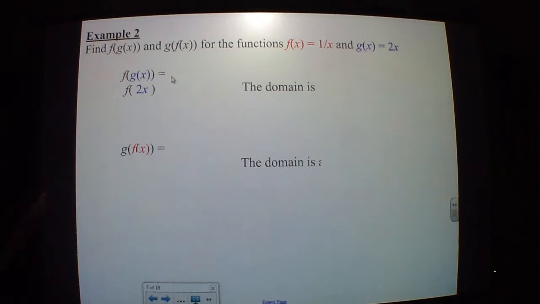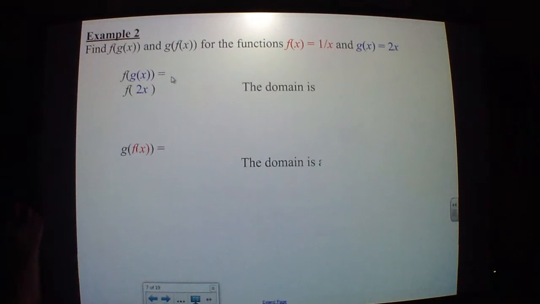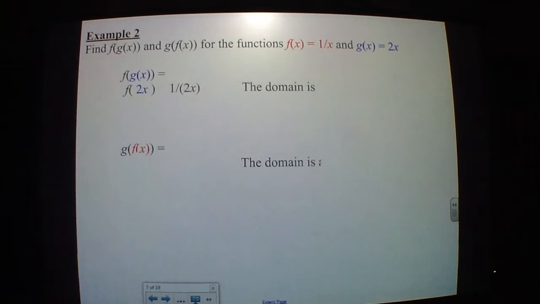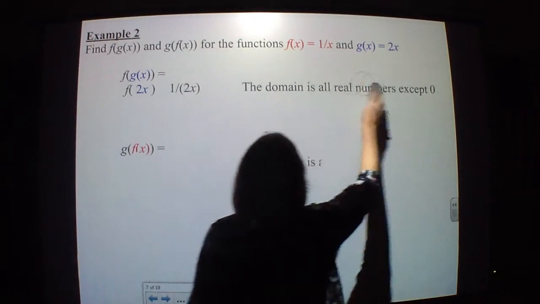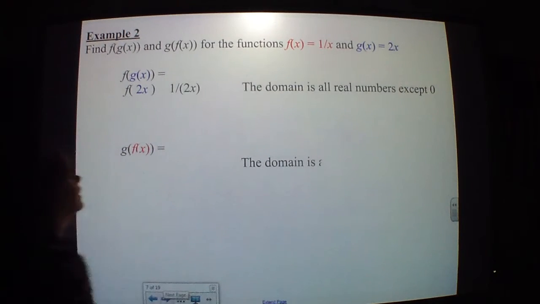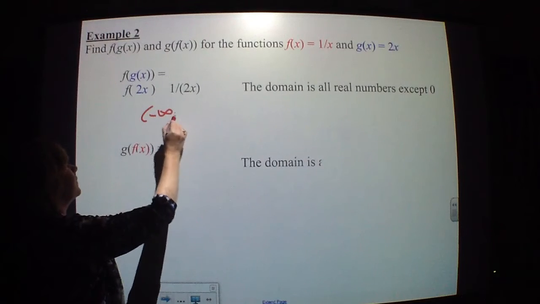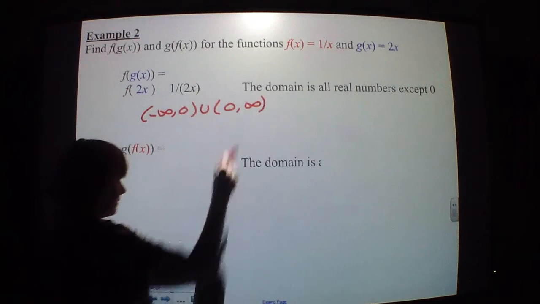If f of x is 1 over x, f of 2x is 1 over 2x. Can't have 0 in the denominator, so x cannot equal 0. In interval notation, the domain would be from negative infinity to 0, union 0 to positive infinity.